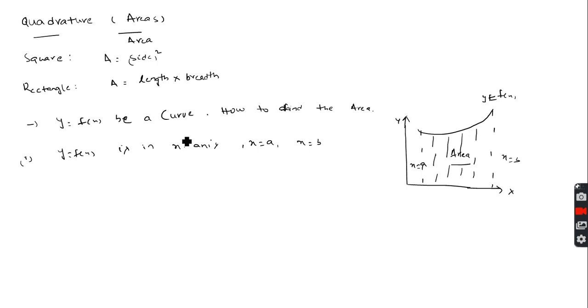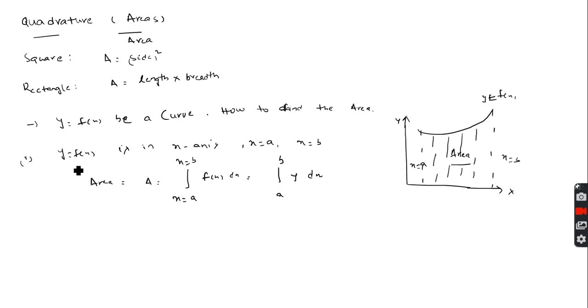So for that we can write the formula. The area A is equal to the integral, what are the limits, x equal to a to x equal to b, and the function is f of x into dx. That is nothing but the integral from a to b of y dx.